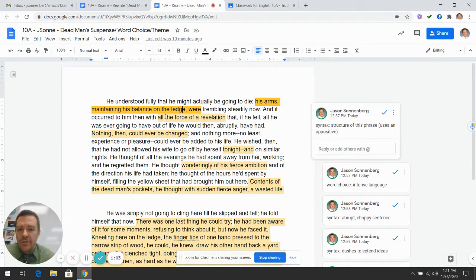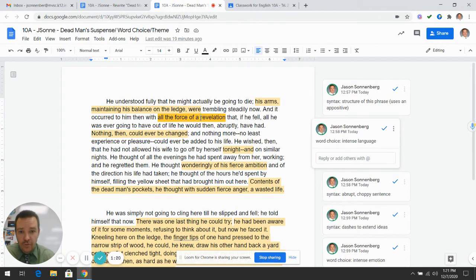So what we thought on this one, his arms, maintaining his balance on the ledge, he uses a participial phrase here. Maintaining his balance on the ledge is describing how his arms were, but notice the commas and the way he created that sentence.